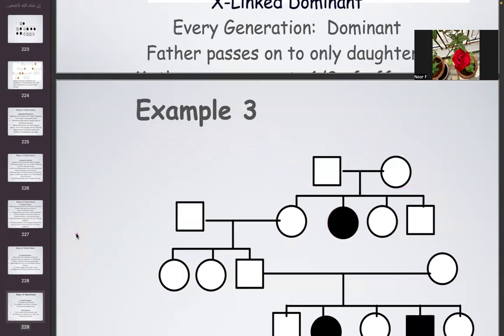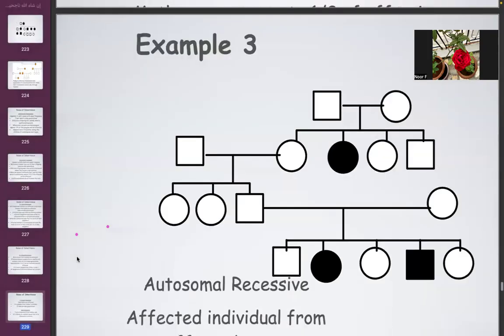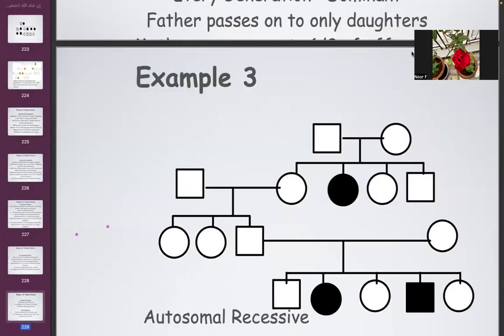Now, then again what happens? Probably this child is a carrier. So we will write here A dot A. So all of them received normal and carrier.